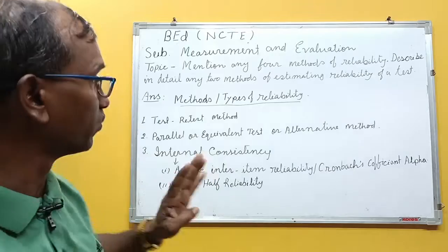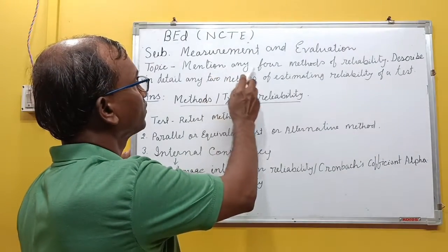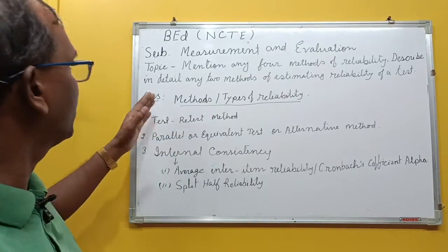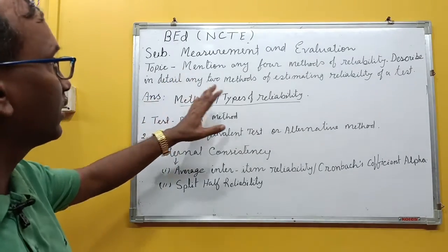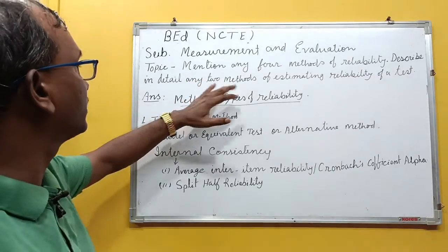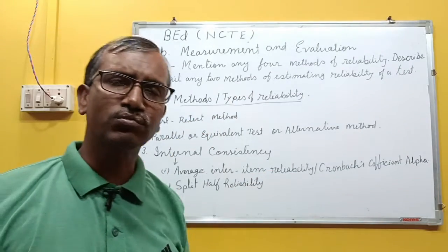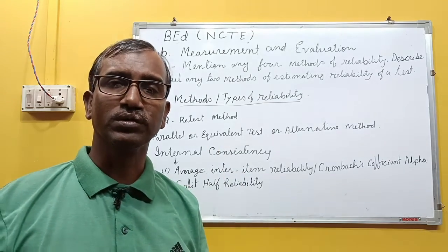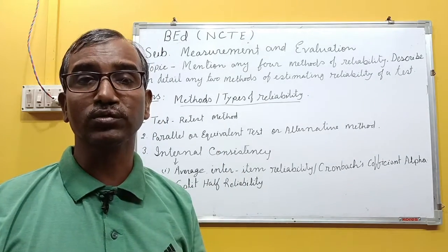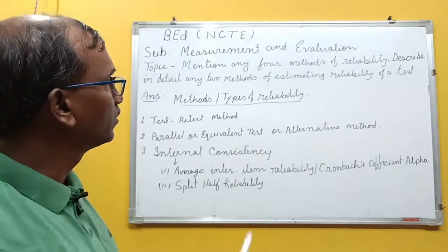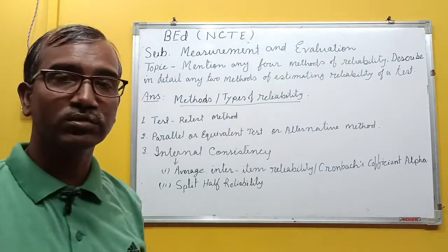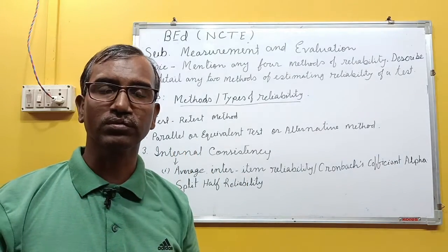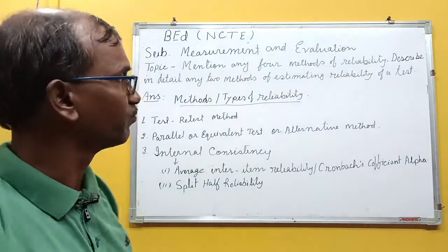That is why the question is asked: mention any 4 methods of reliability, and describe in detail any 2. This is the question pattern because there is a limitation of marks in the examination, so 2 methods are asked so that the question fits the marks pattern.